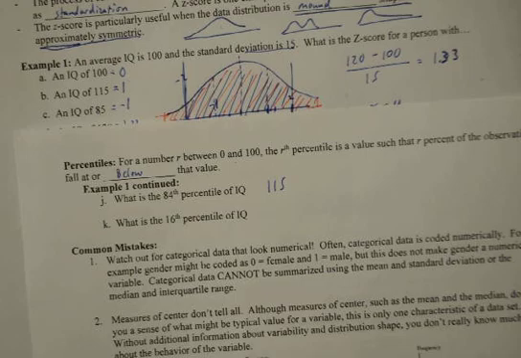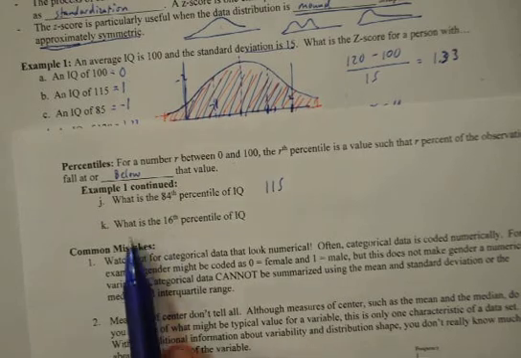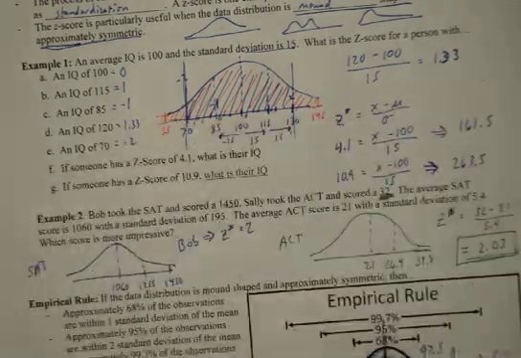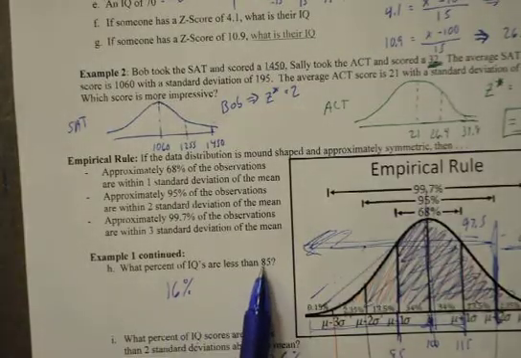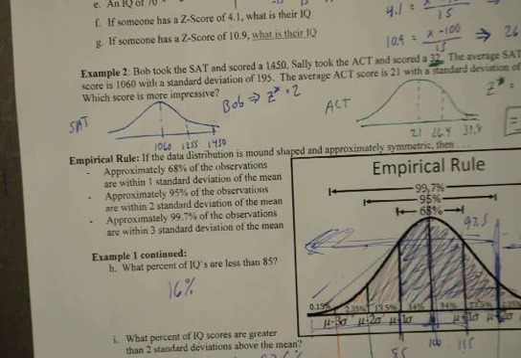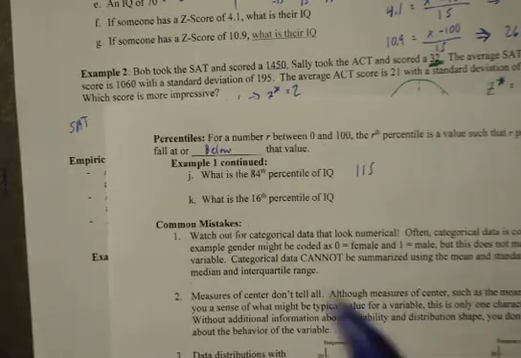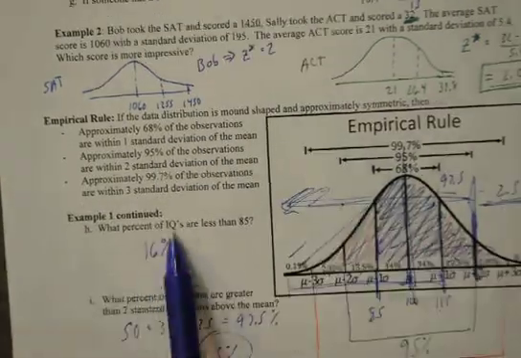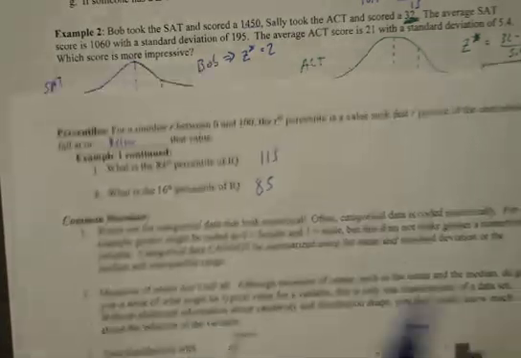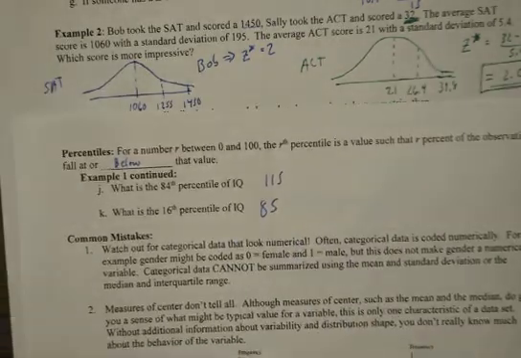So 115 is the 84th percentile. What is the 16th percentile? That's this problem. What percent of IQ scores are less than 85? 16%. So the 16th percentile is 85. It's just backwards. So like if this question was forwards, this question is backwards. It's just the opposite.